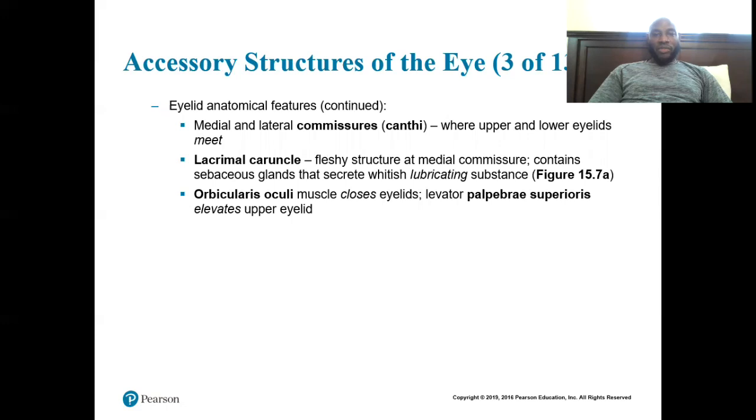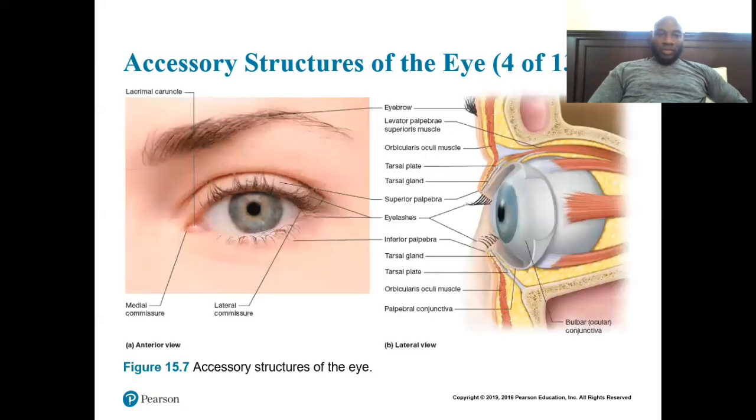You also have commissures, where upper and lower eyelids meet. It's just showing you the structure of the eyelid. You don't need to memorize this, but it's kind of interesting.